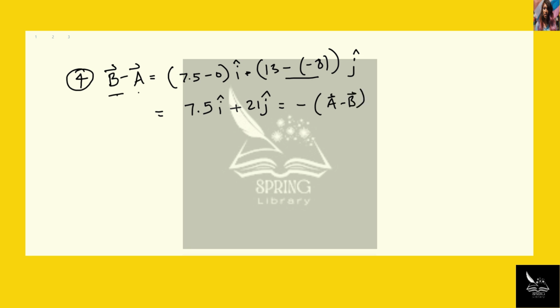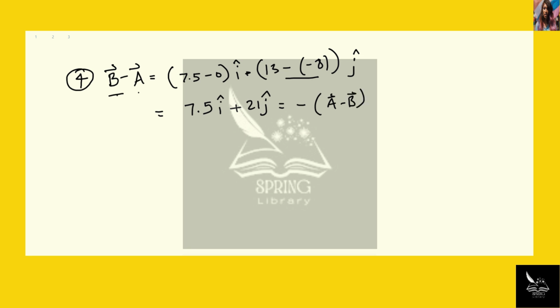Now we know that B's y component is 13 and A's y component is minus 8. So my two minuses become a plus, and this turns out to be 7.5 i cap plus 21 j cap. You might note that this is equal to minus of A minus B, which we would expect due to scalar multiplication of vectors.